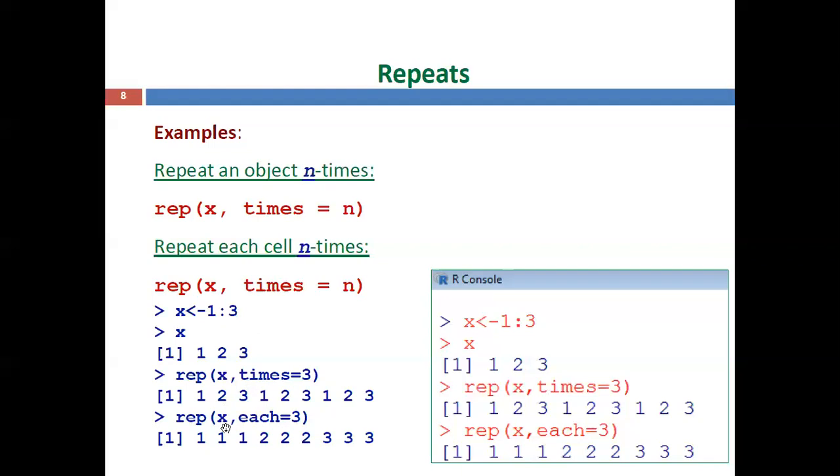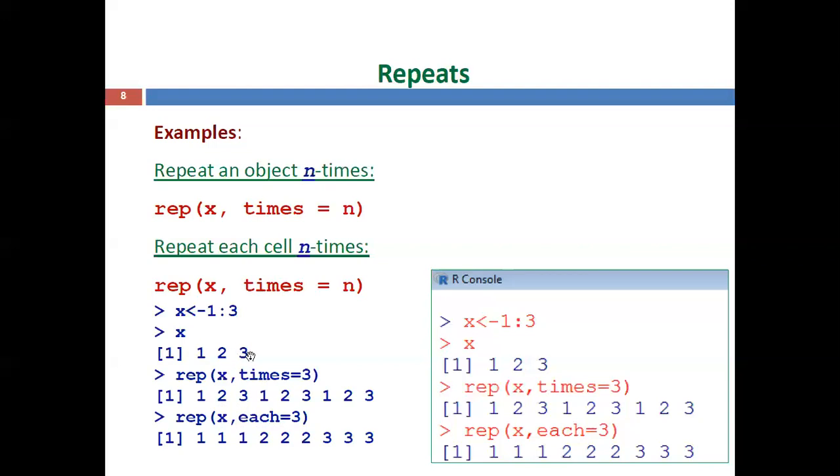The third one you can see: rep of x comma each equal to 3.